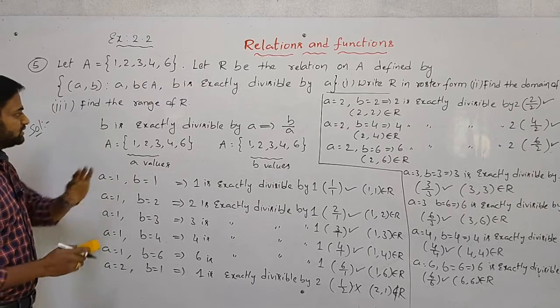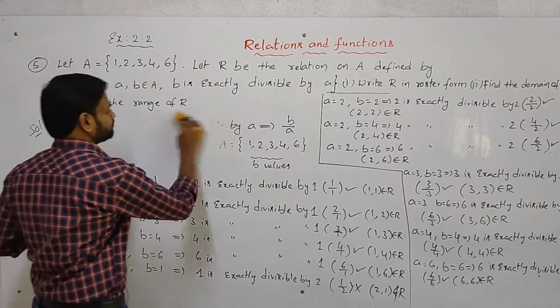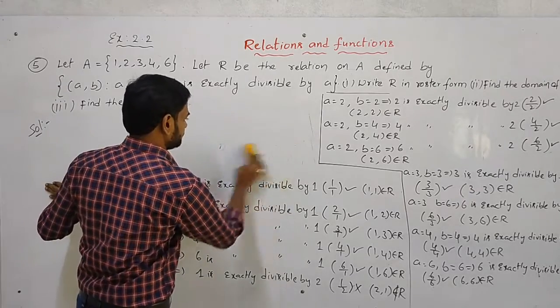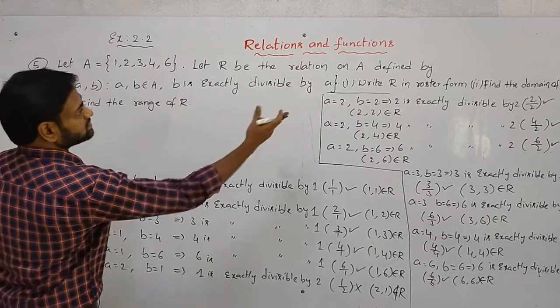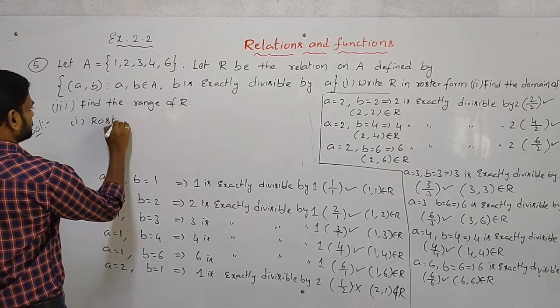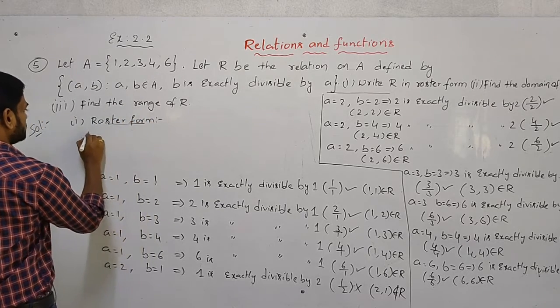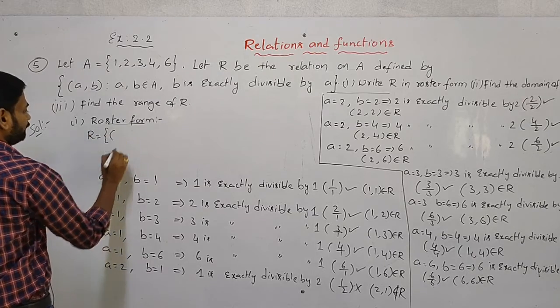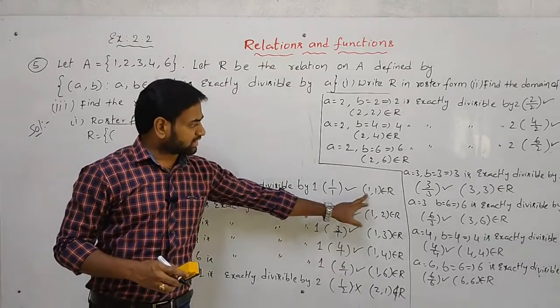So I'm erasing this one. So first one is roster form. So R equal to which ordered pairs satisfy that condition? (1, 1).